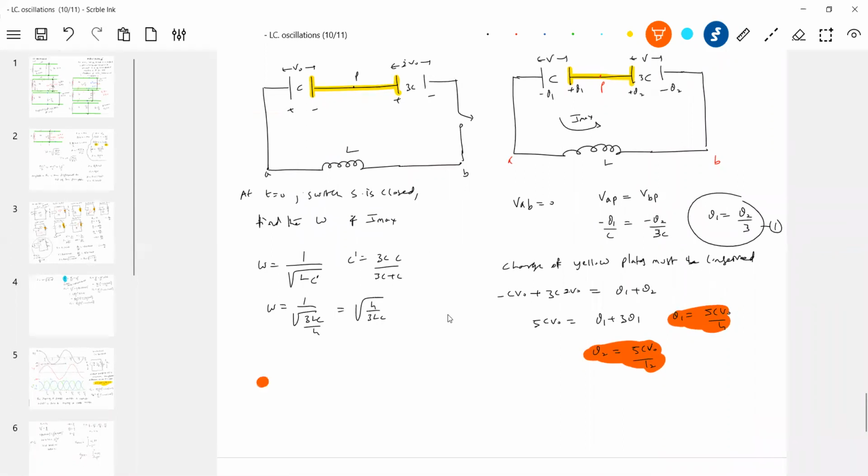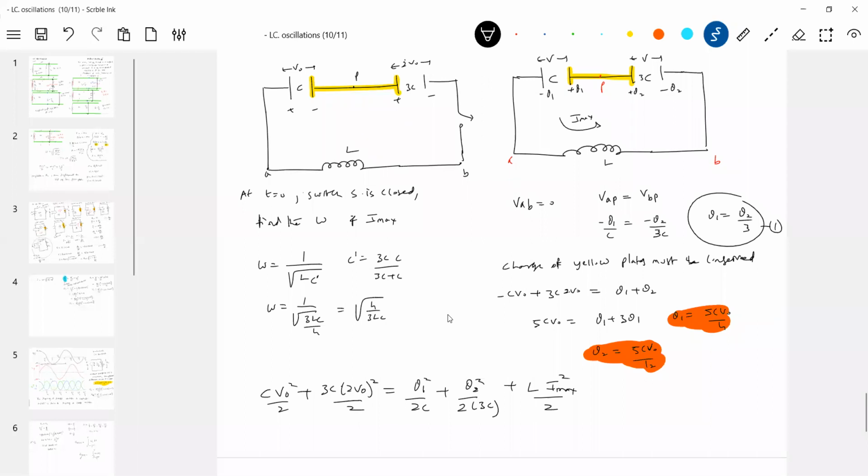Energy equals CV naught square by 2 plus 3C into 2V naught whole square by 2, equal to Q1 square by 2C plus Q2 square by 2 into 3C plus half L I max whole square.